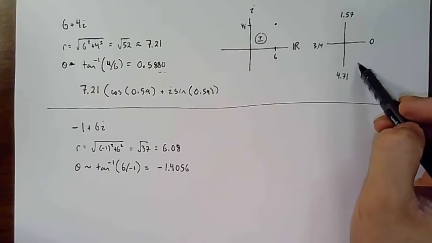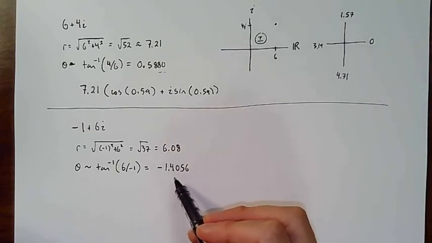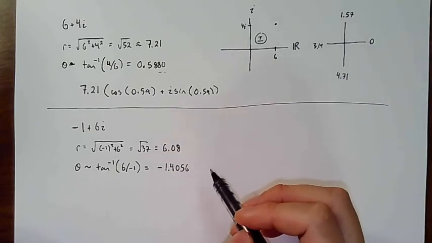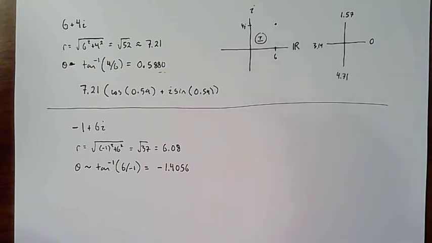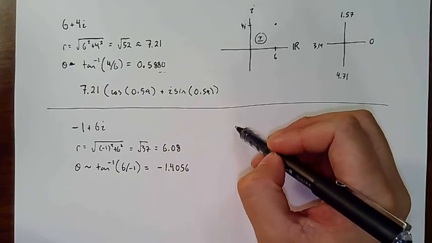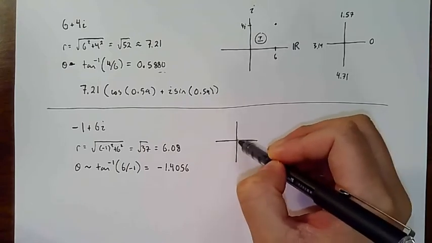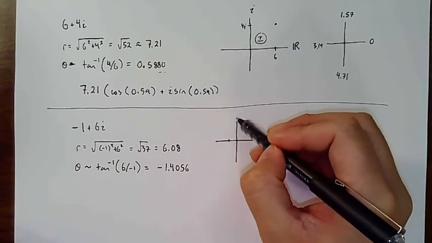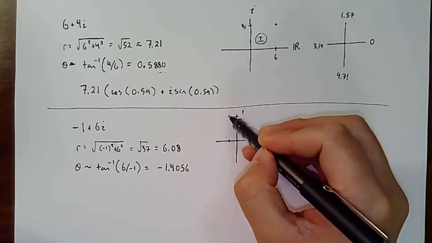It's somewhere down here, probably. But this is definitely not between 0 and 2 pi. So what we need to do is add some value to this. Do we add pi? Do we add 2 pi? Well, let's just look and see what's going to happen here. Let's diagram our initial point. So we are going to be -1 in this direction and then 6 in this direction. So over here.